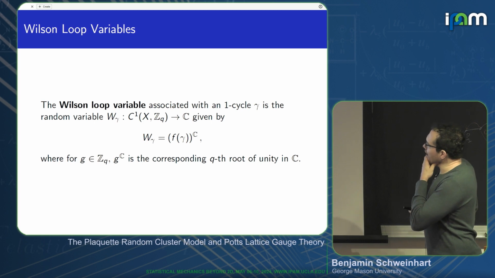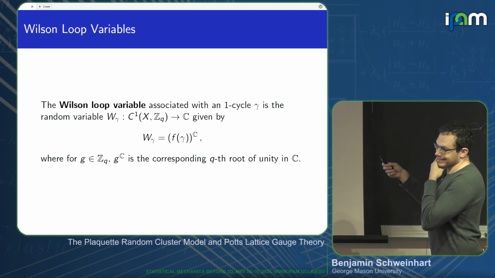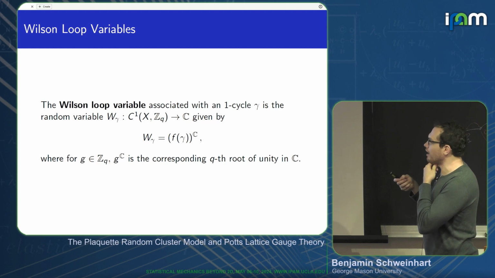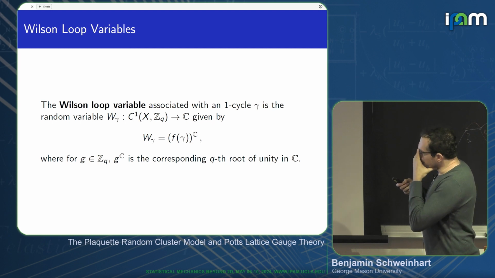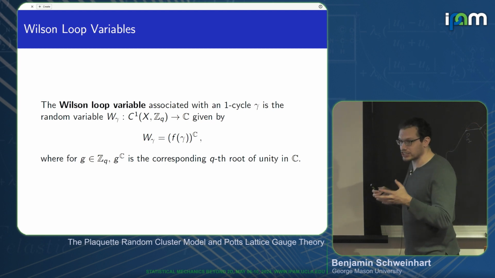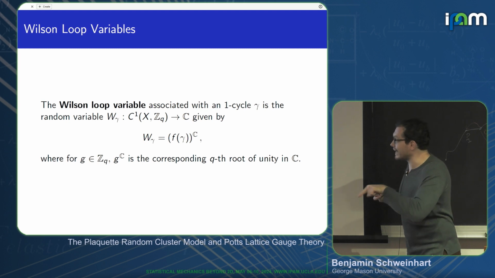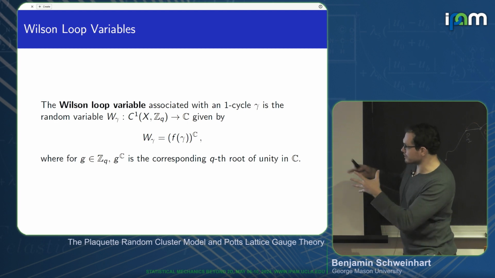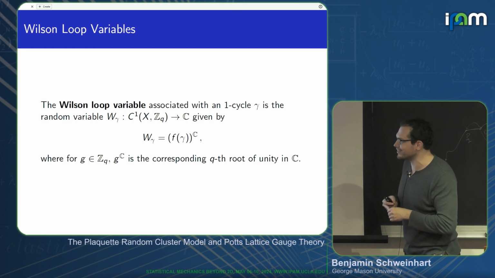I will just define it for Potts lattice gauge theory. If you know anything about the other lattice gauge theories, the definitions look a little bit more complicated. But for Potts lattice gauge theory, this is going to be a random variable so that if you have an assignment of spins to your edges, you basically take a loop gamma and you do the product of the spins around it. I generally use additive notation as an algebraic topologist, and sometimes we use the ring structure of ZQ.